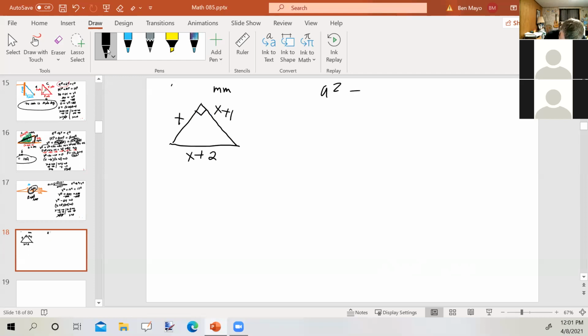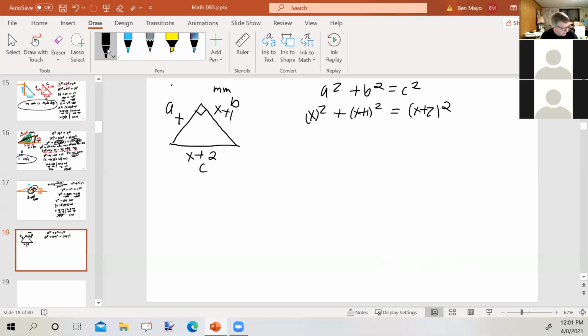So using a squared plus b squared equals c squared, the hypotenuse would be that. So we'll call this a and that b. So we've got x squared plus the quantity x plus 1 squared equals the quantity x plus 2 squared.